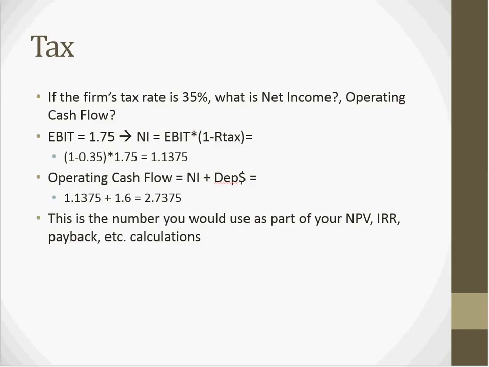So we want to calculate tax as 35%, figure out the tax dollars, subtract it off, get an income, and then add depreciation back as it's a non-cash charge to get operating cash flow. So go ahead and pause the video, give that a try, and I'll come back and I'll do it too, and we can verify that you got it.